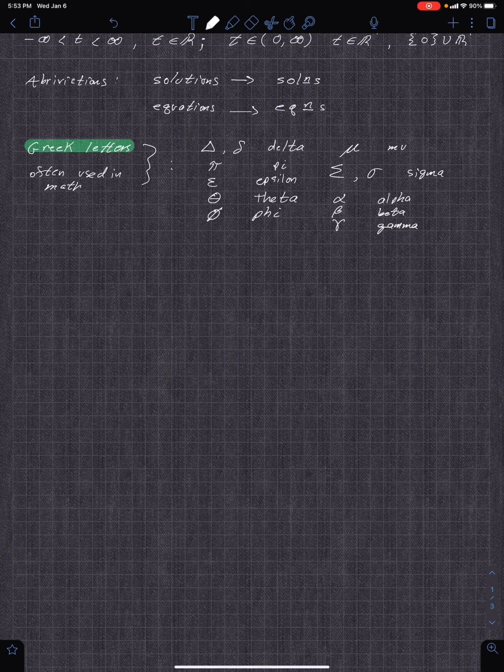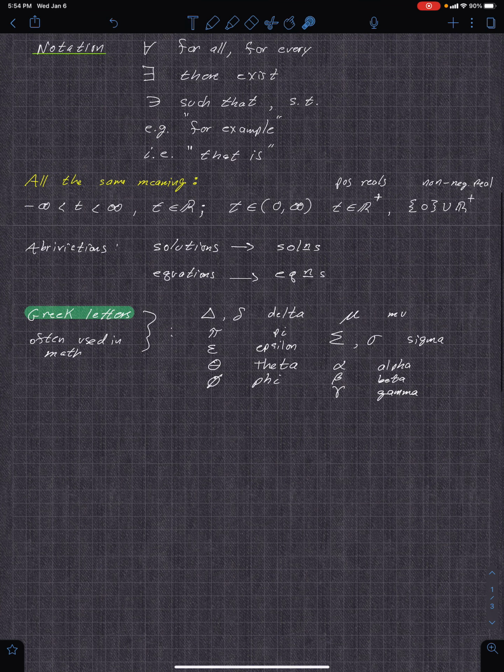Those are the first three letters of the Greek alphabet, by the way: alpha, beta, gamma. There's more, of course, but those are the ones we use that are going to come up. Notice that this symbol is different than the such that symbol here, or the element of. So that's not element of, that's epsilon.